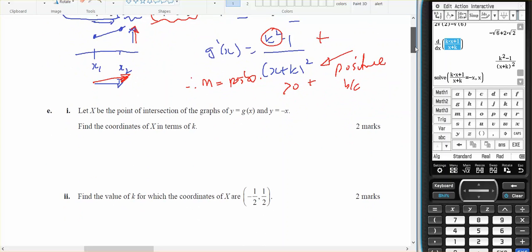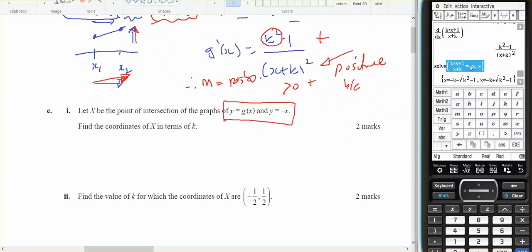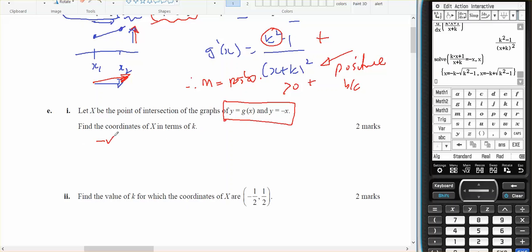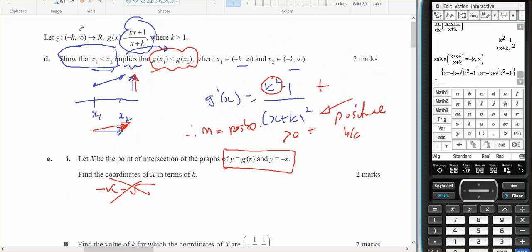Let x be the point of intersection of the graphs between these two. I've put this equal to negative x and solved it for x, and I get two answers. I get minus k minus the square root, and that's no good because my domain is from minus k to positive infinity, so I can't have minus k minus anything because it'll be outside my domain.